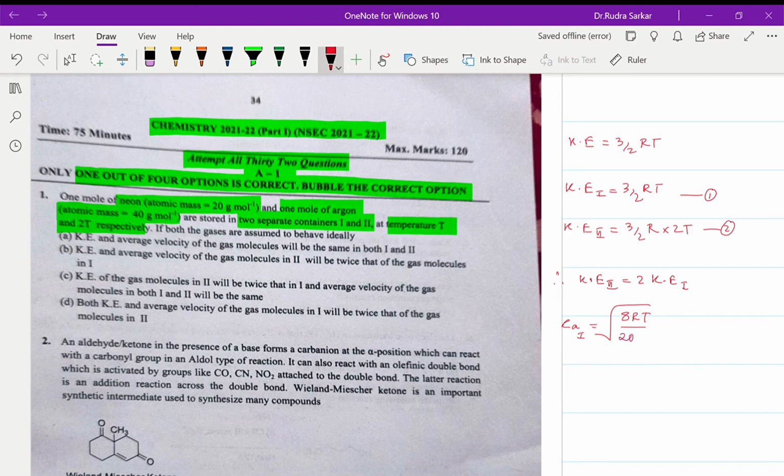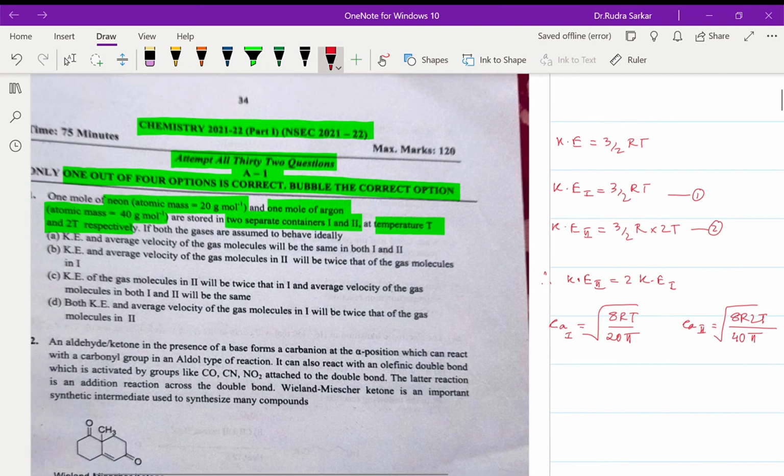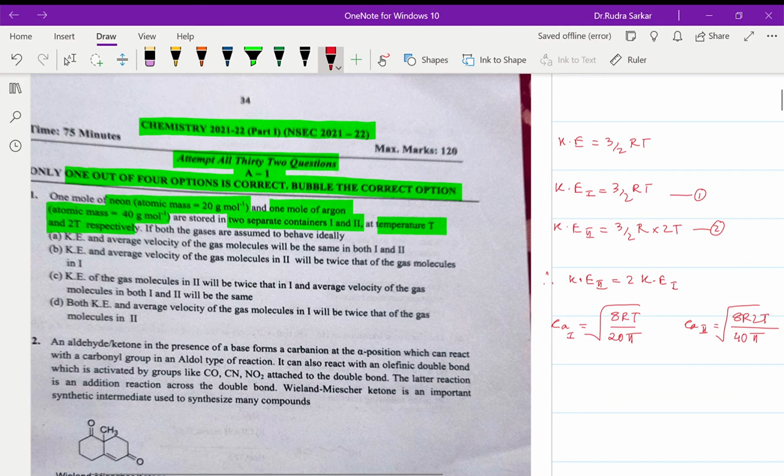So it is 8RT by 20 pi, and for the C average for container 2 we will say using the same formula 8R into 2T divided by 40 pi, because the gas molecule in container 2 is nothing but the argon.